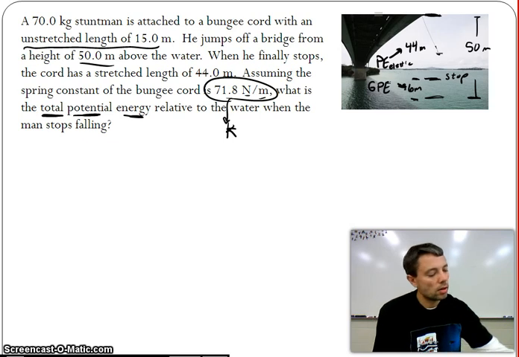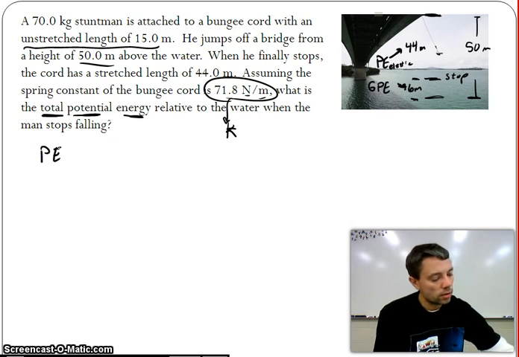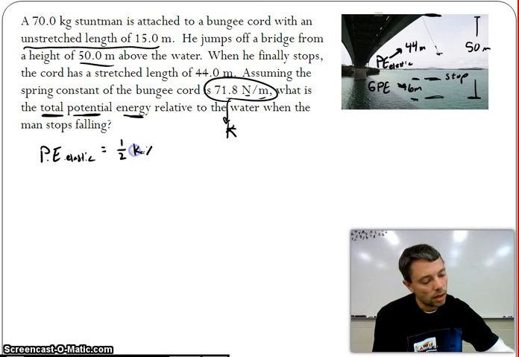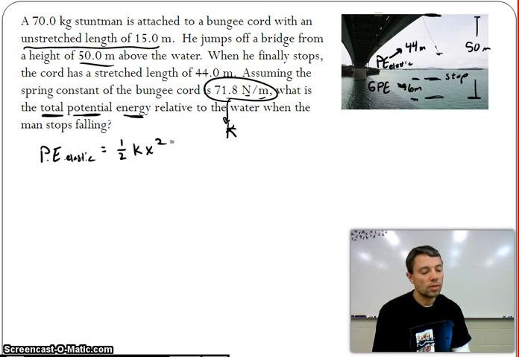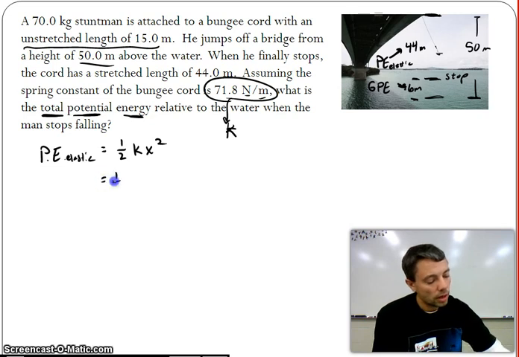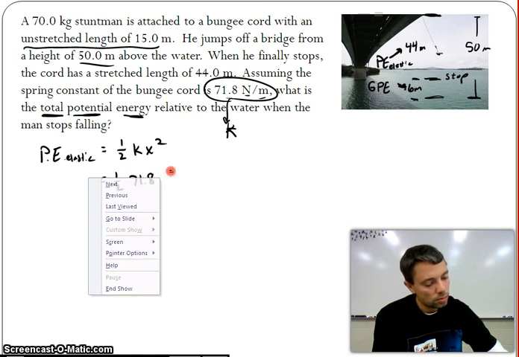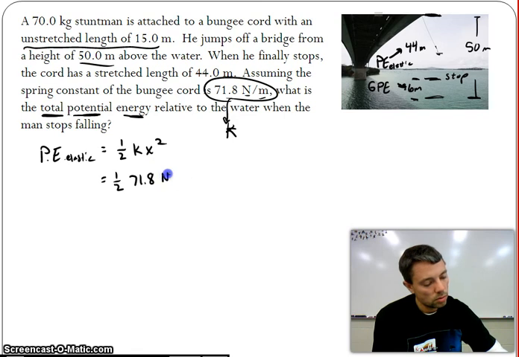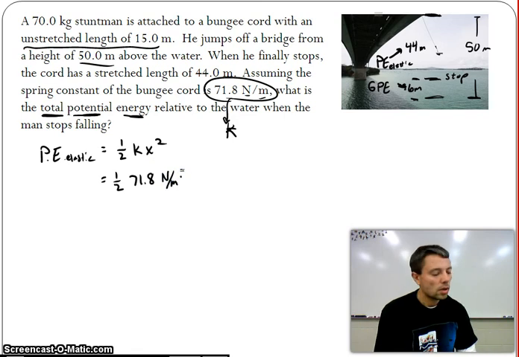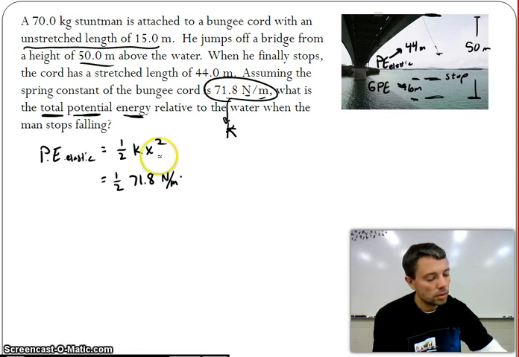Okay, so let's tackle our elastic potential energy first. And if you remember, it's 1/2 kx squared. Okay, so that's all we have to do, is look at it in terms of that. I know my k value, 71.8 newtons per meter, times our distance, which is going to be 44 meters.